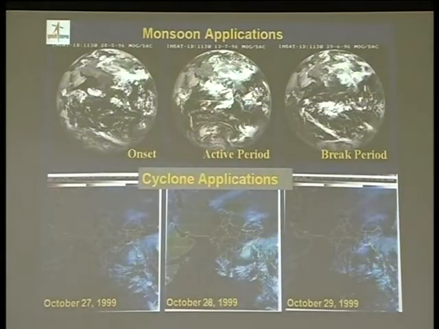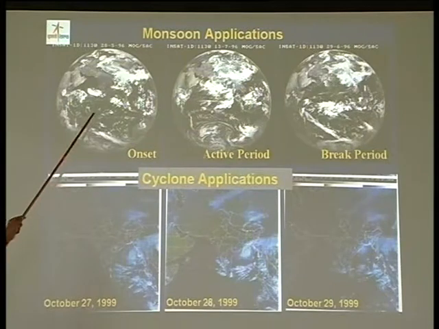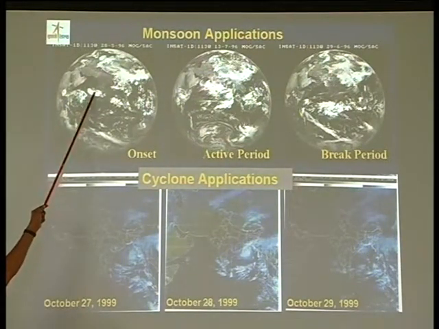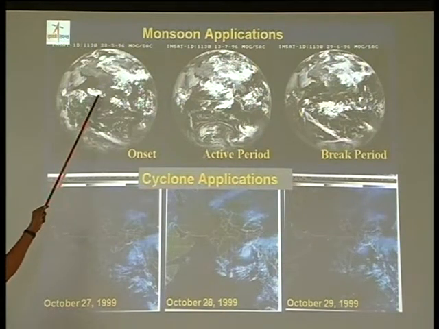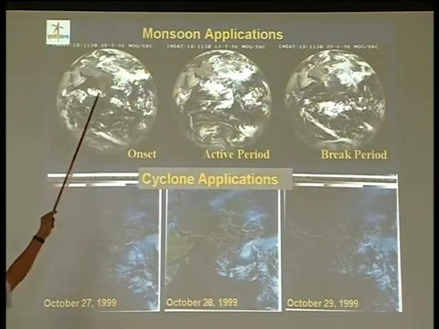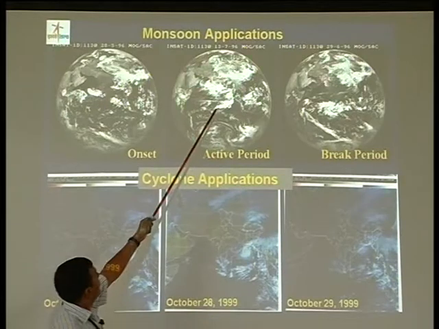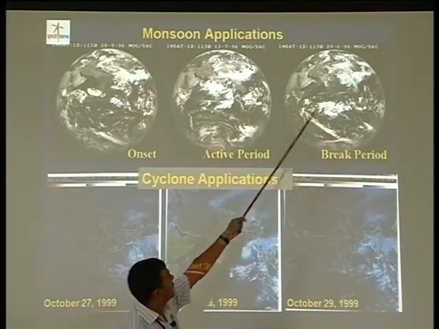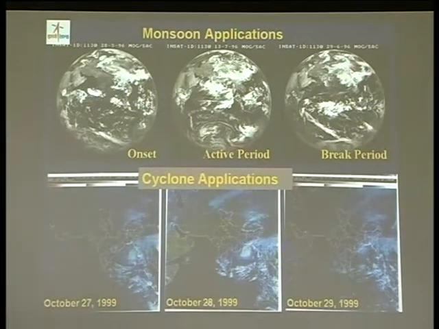And these are a few sample pictures of INSAT satellite. So you can study the onset when you see the last cloud mass sitting just over the south of Kerala. So this is the onset phase. This is the active phase when the entire India is covered with the clouds, and then this is the break phase when there are no clouds in the Indian region.